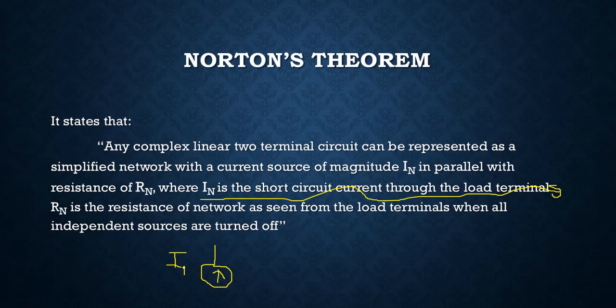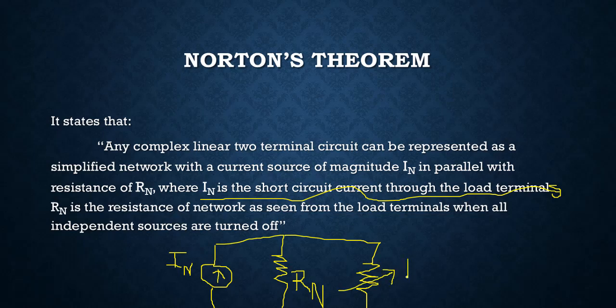In is basically the short circuit current across the load terminals. There is a parallel resistance which is Rn, which is basically the same as R Thevenin, right? And then in parallel again we have the load resistance RL, the changing resistance, right?